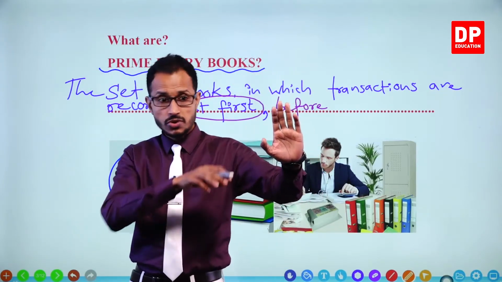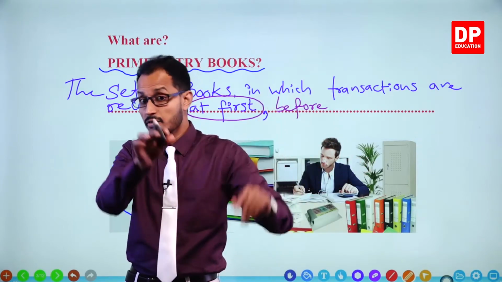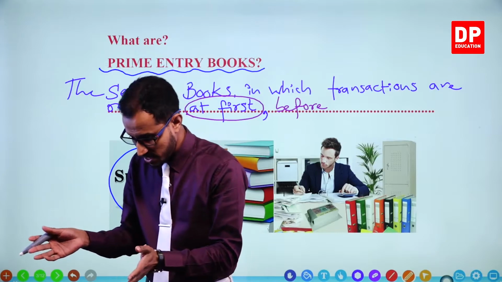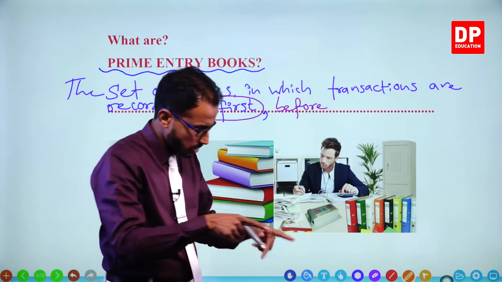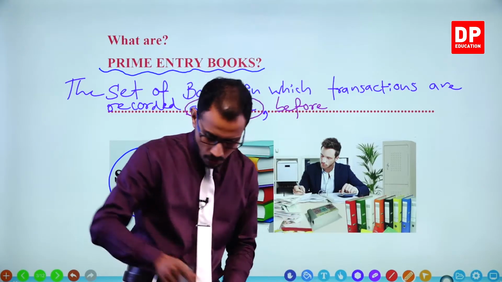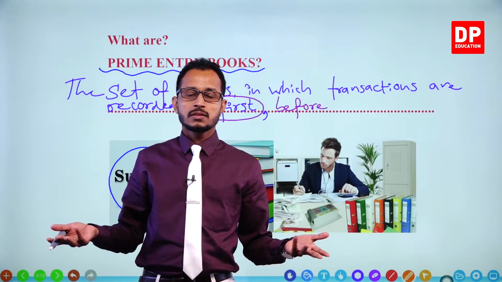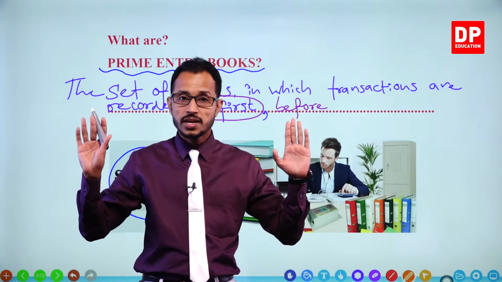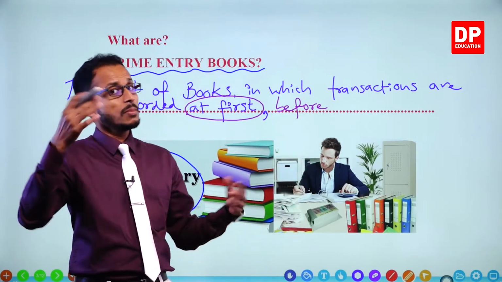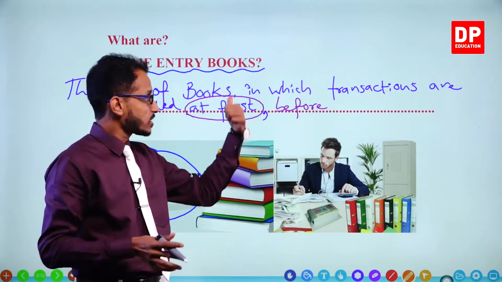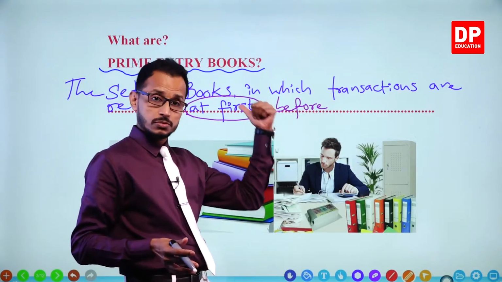I can't give you the goods right now. I have to record the previous transaction in my books. So where is the sales account? Where is the cash account?" No, it's not practical. It's simply not practical. So searching for accounts and recording in double entry accounts is not practical then and there when a transaction happens. That's why these books are kept, prime entry books.